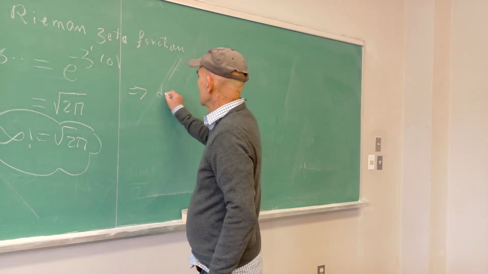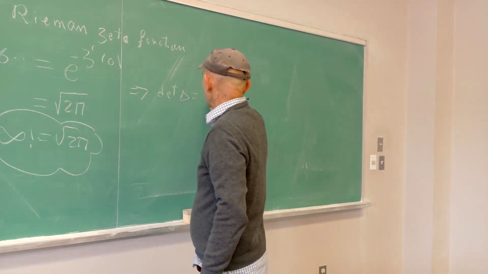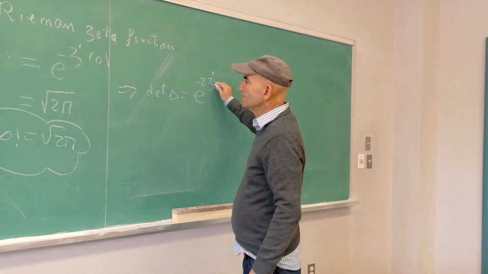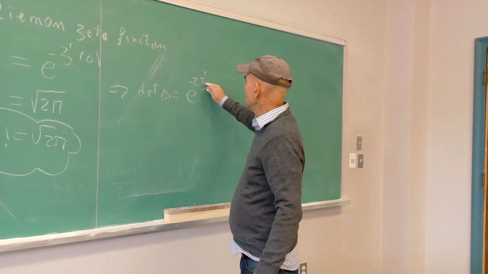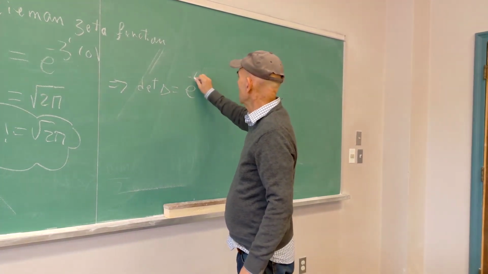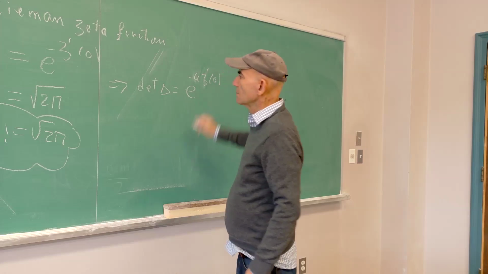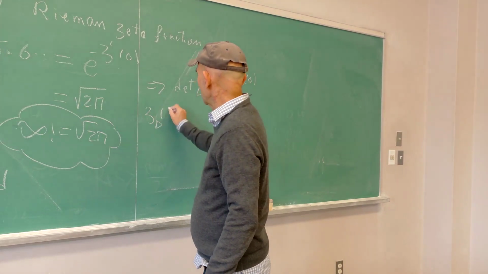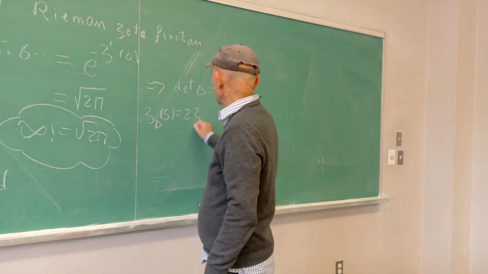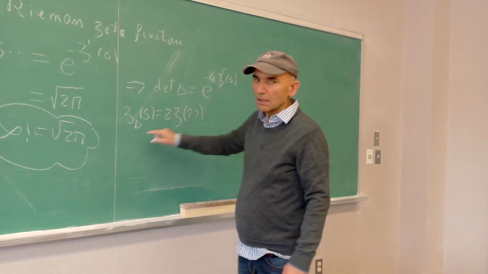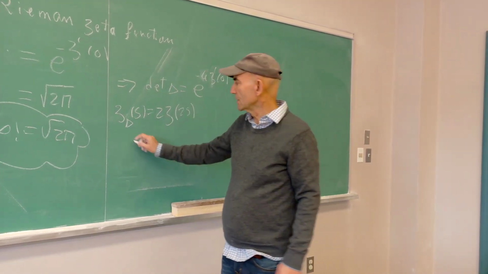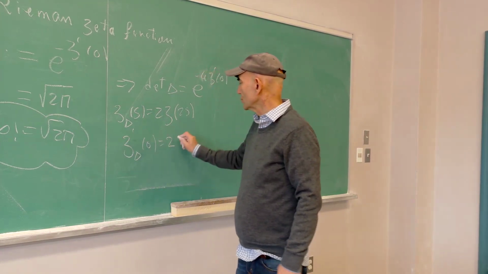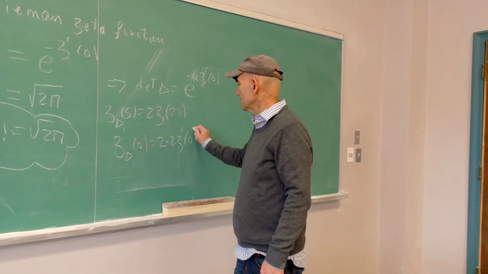So this gives us the determinant of the Laplacian as exponential of negative 2 zeta prime of 2s, so negative 4 zeta prime of 0, because the spectral zeta function here was 2 times Riemann zeta of 2s. If you want to take the derivative at 0, it's 2 times 2 zeta prime at 0.